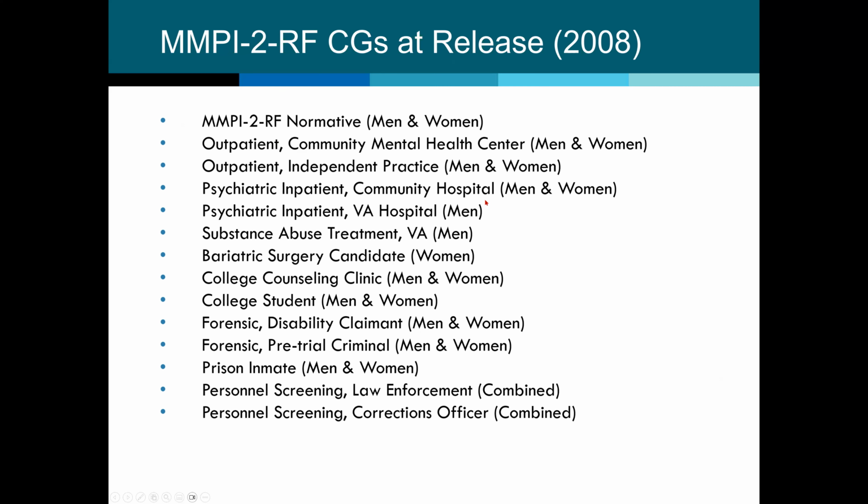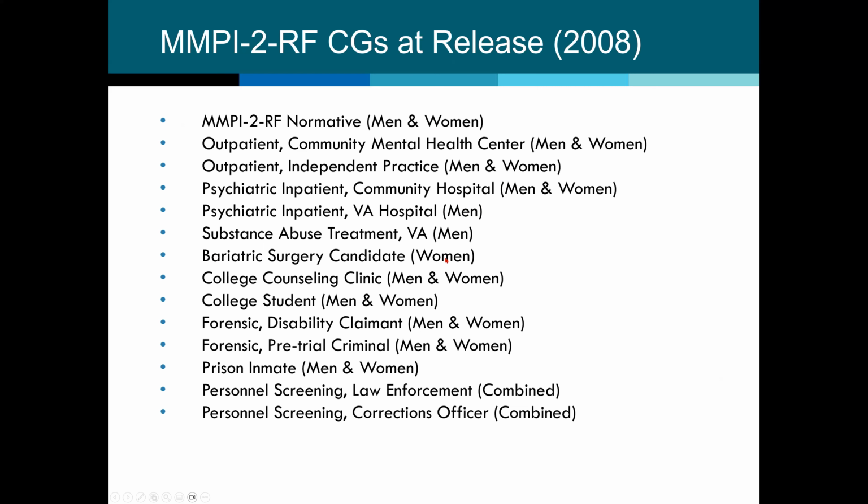A couple of psychiatric inpatient samples, one from a community hospital, the other from a VA facility. And for that sample, there was only a sufficient number of men to create a comparison group. Also a VA sample of men entering substance abuse treatment, a sample of bariatric surgery candidates.